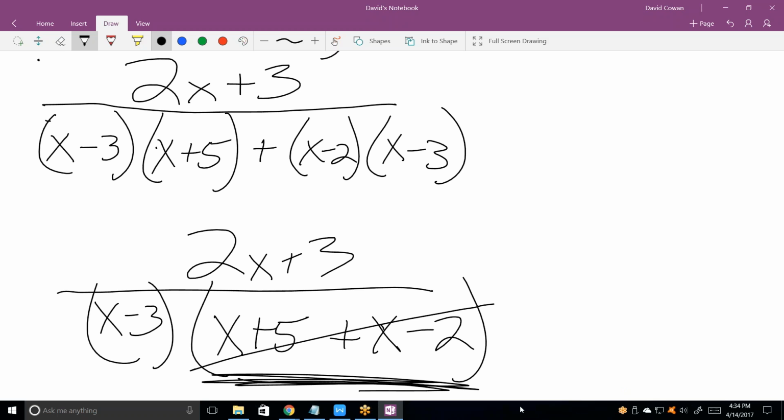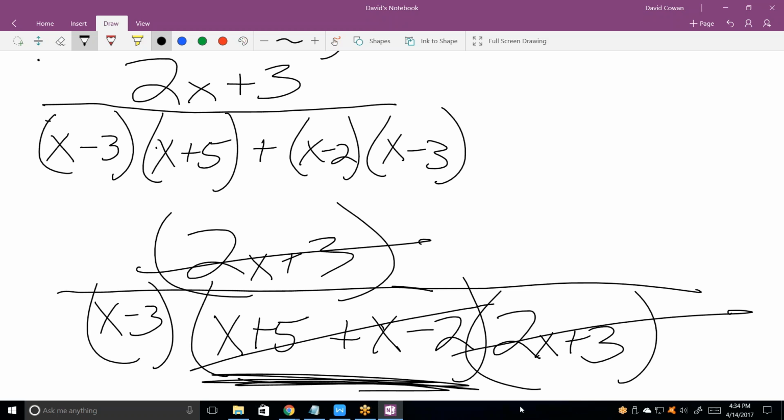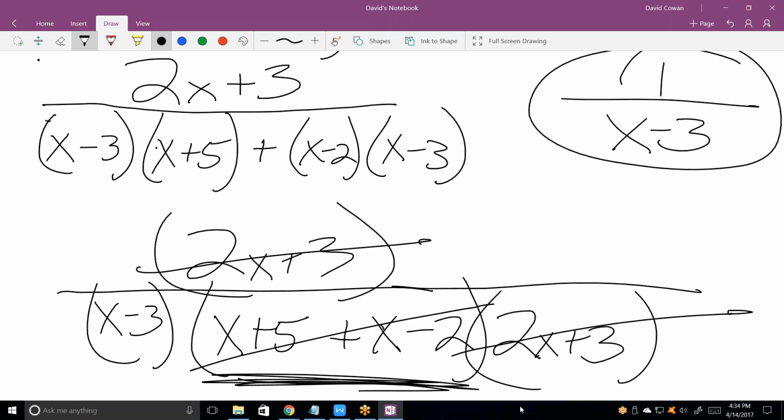In other words, if I simplify that, I've got 2x plus 3. Now I've got a 2x plus 3 in the numerator and a 2x plus 3 in the denominator. Everything's being multiplied, so cross those out and I end up with 1 over x minus 3. That's my answer.